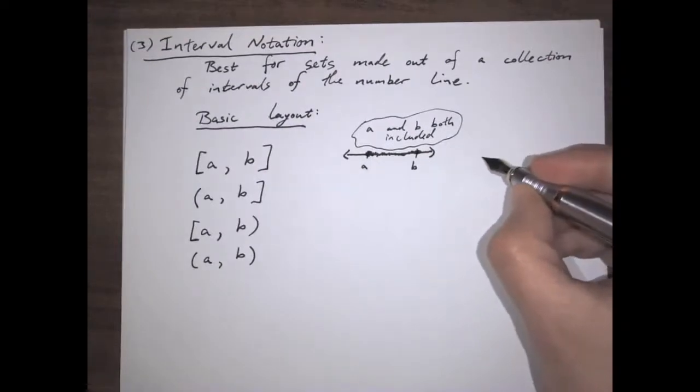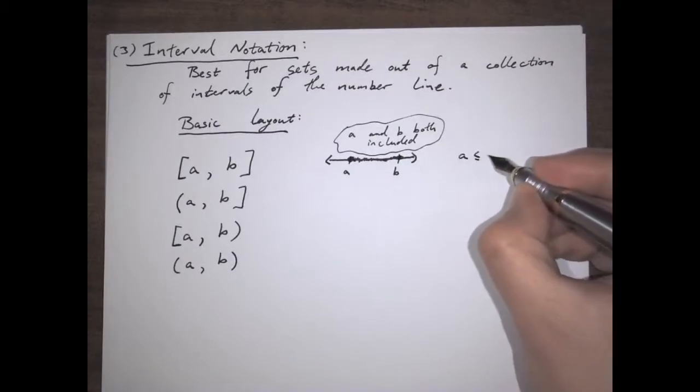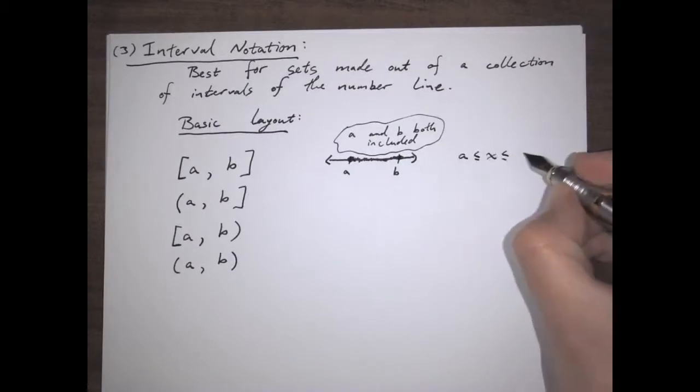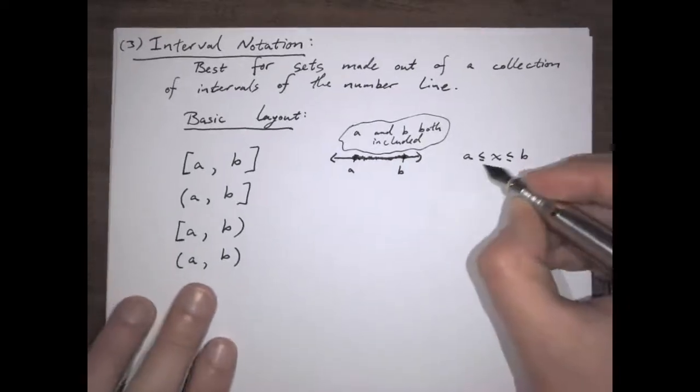And then as far as inequalities, this would be the same as saying A is less than or equal to X, which is in turn less than or equal to B.